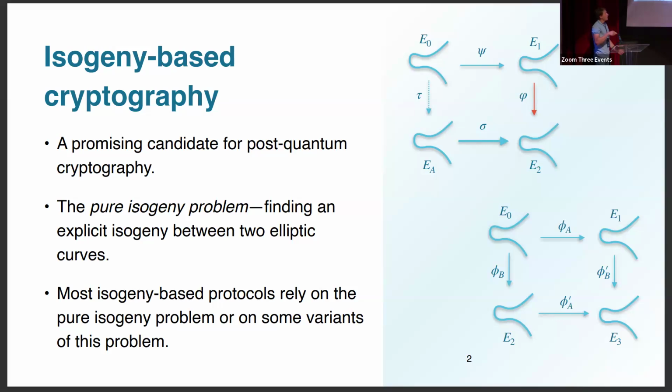There are two paths to arrive at this curve. Again, the assumption is that, for example, if you don't know phi_A, you can't get to this curve. But as you know, this is SIDH, and it was broken. It was broken because the assumption was that even if you expose additional information, such as the images of some points, the problem of finding an isogeny is still hard, but this turned out to be wrong.